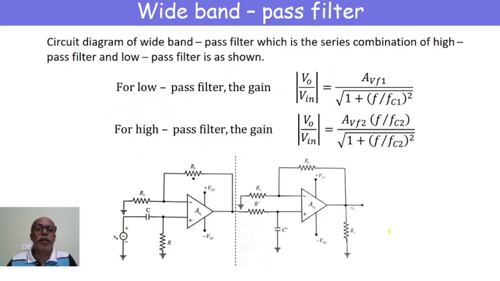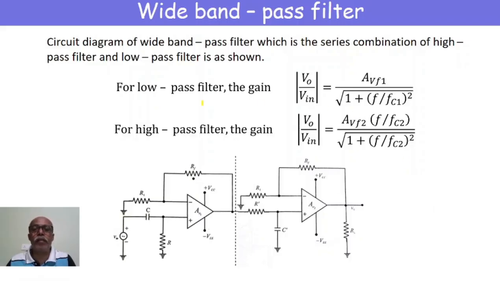Now, coming to the first band pass filter, the wide band pass filter. This circuit represents the wide band pass filter. It is a series combination of a high pass filter and a low pass filter. The first one is the high pass filter and the second one is the low pass filter.